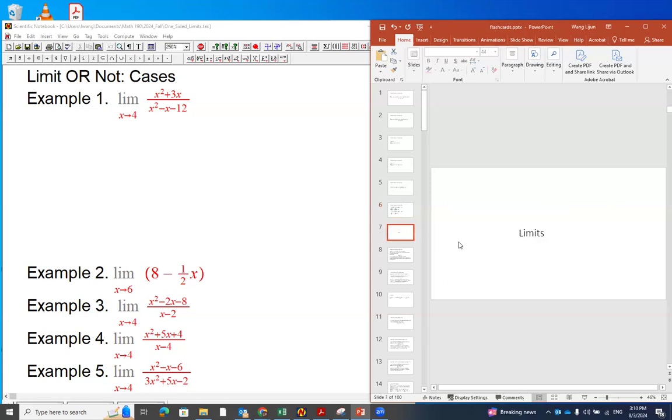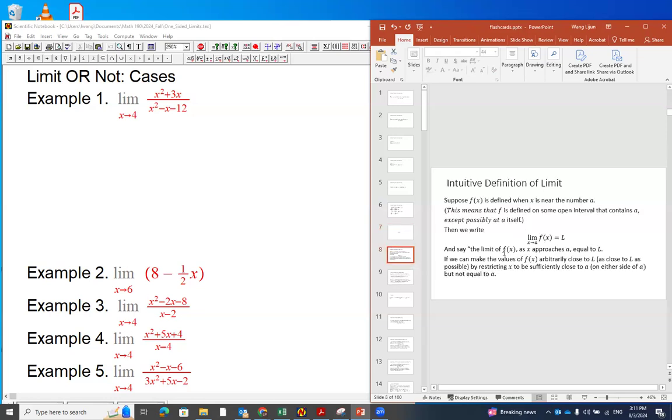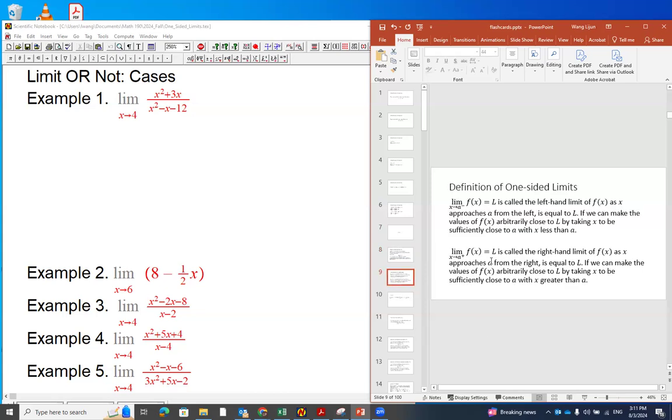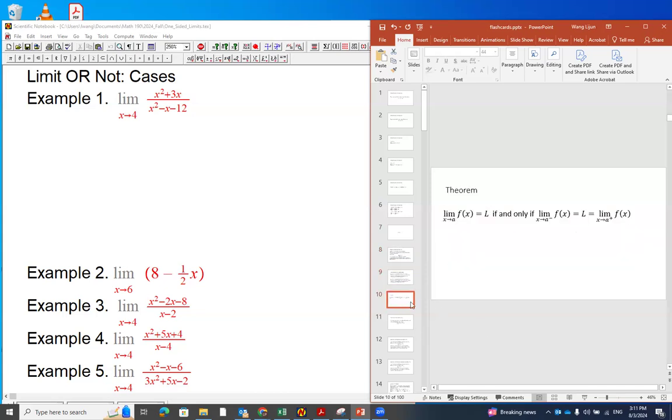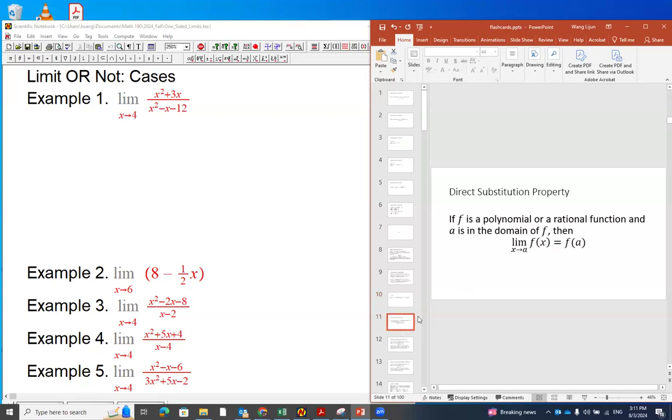The next set of flashcards I prepared for you is about limits. We have covered all of these concepts: the intuitive definition of limit, one-sided limit, the theorem about the relationship between limit and one-sided limit, and direct substitution.